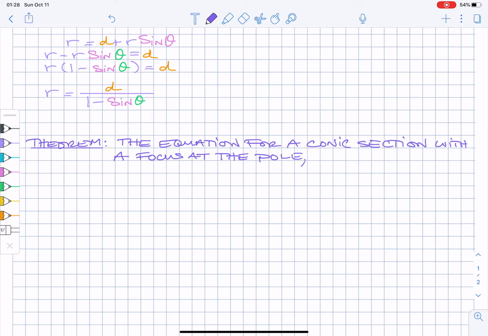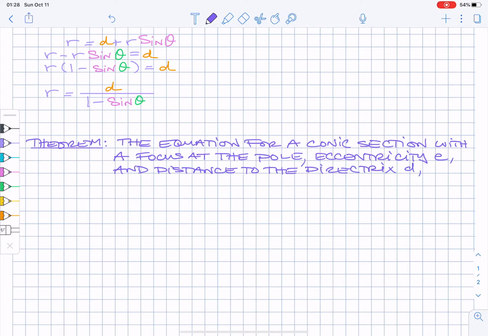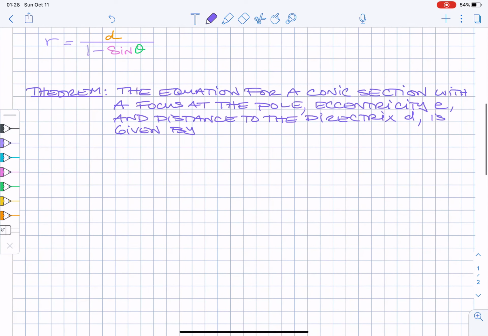and eccentricity, little e, and distance to the directrix, little d, is given by: number 1, r is equal to e times d divided by 1 plus or minus e cosine theta.